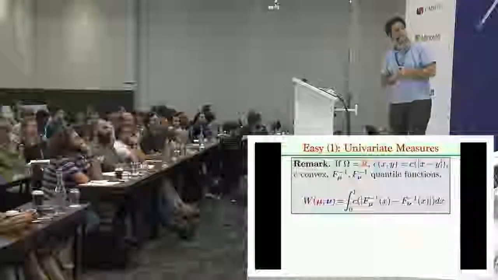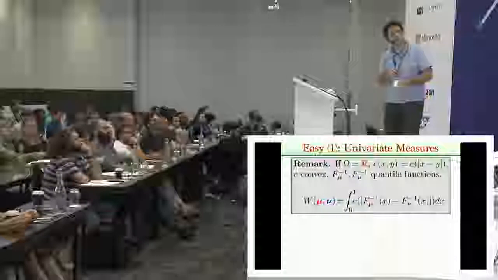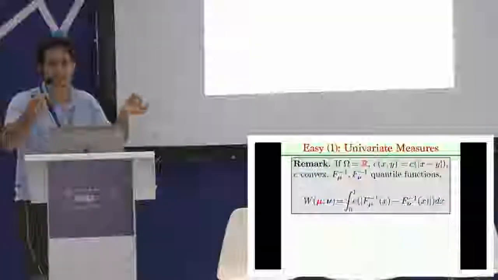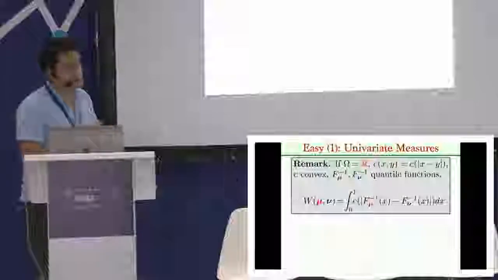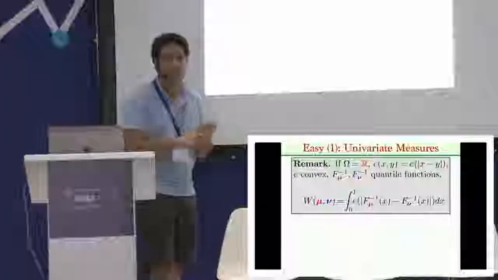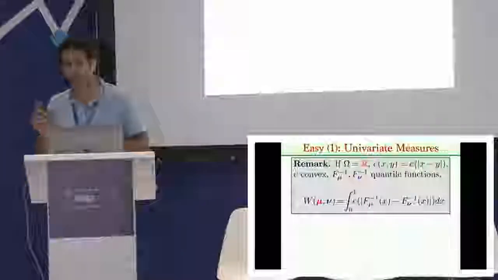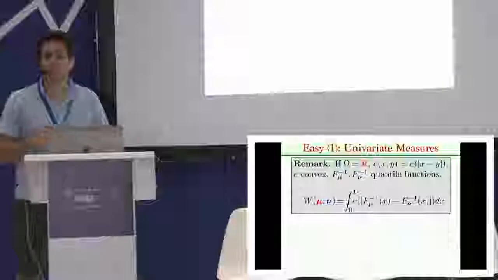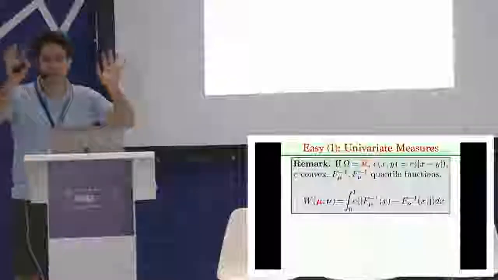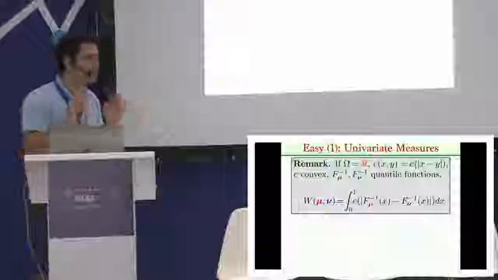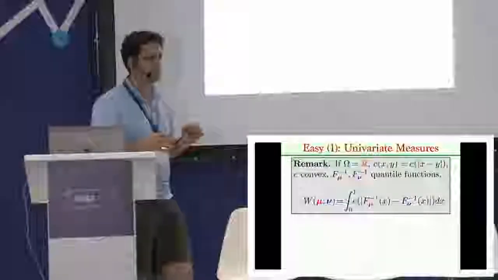The nice thing is the following. If the cost function on the real line, so the cost between two numbers, is translation invariant and a convex function of the absolute value of that difference, then everything is very easy, and the entire idea of Wasserstein for the real line is basically just to look at the quantile functions.